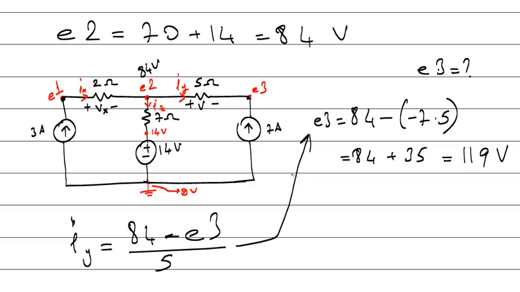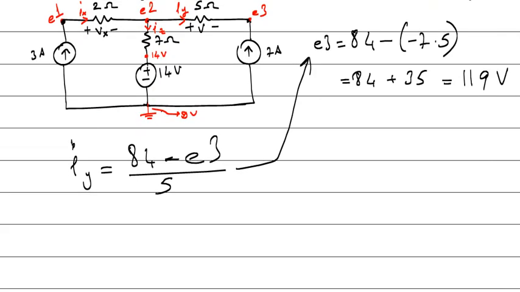So, similarly, you can find E1 like that. If you say how to find E1, you will say E1 minus E2, you know E2, divided by the resistance is equal to Ix. Okay?